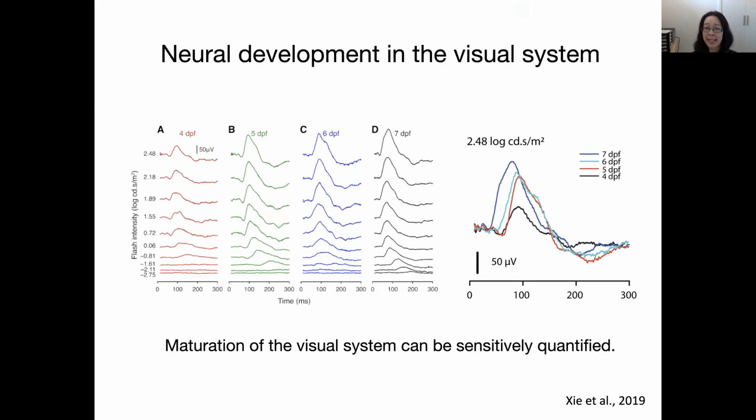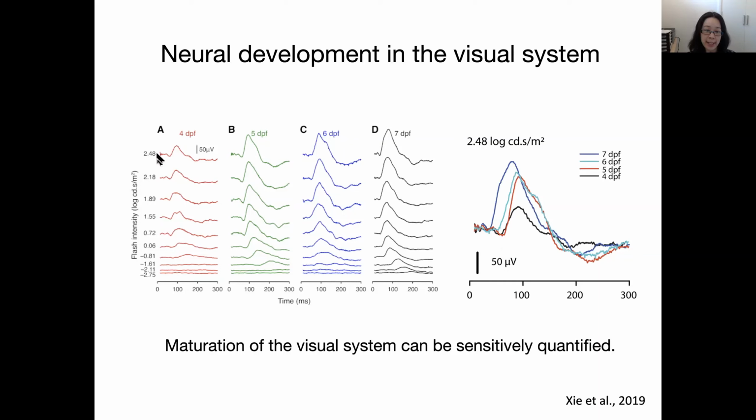So to first see if we could make this work and make sense, we just looked at neurodevelopment. We also wanted to see how sensitive these are. And we could see, for example, with the electro-retinogram, that at 4, 5, 6, and 7 days post-fertilization, naive wild-type fish showed a maturation that we could pick up in the ERG.